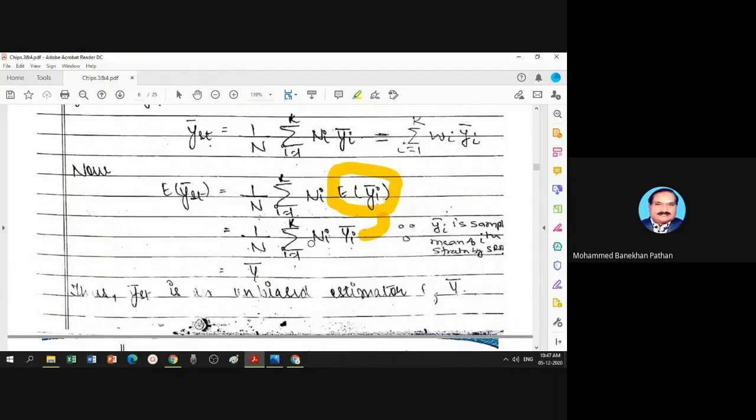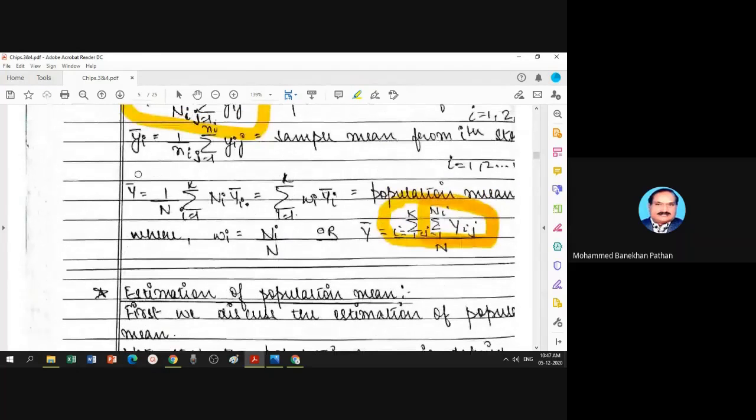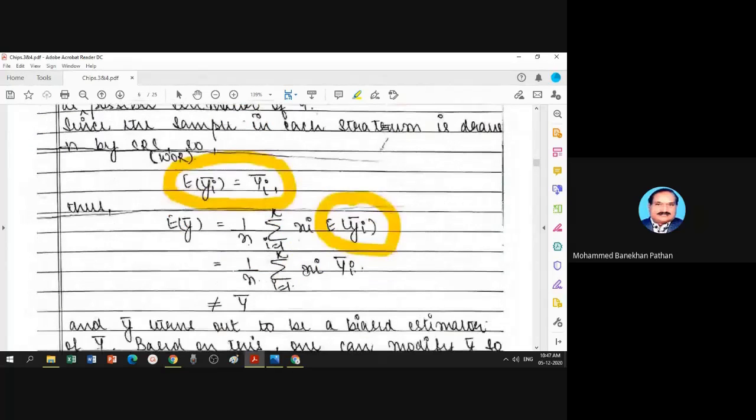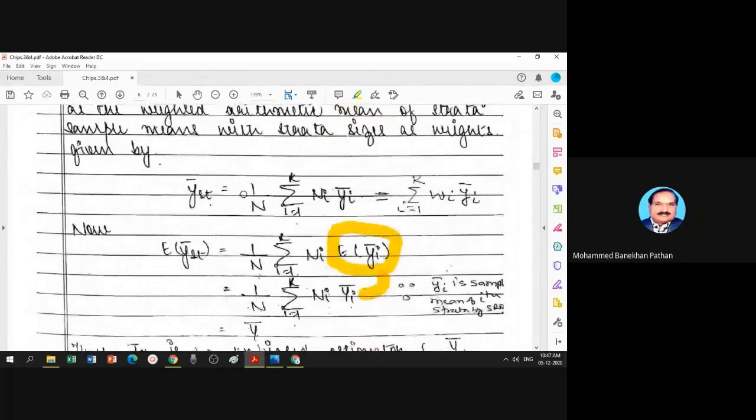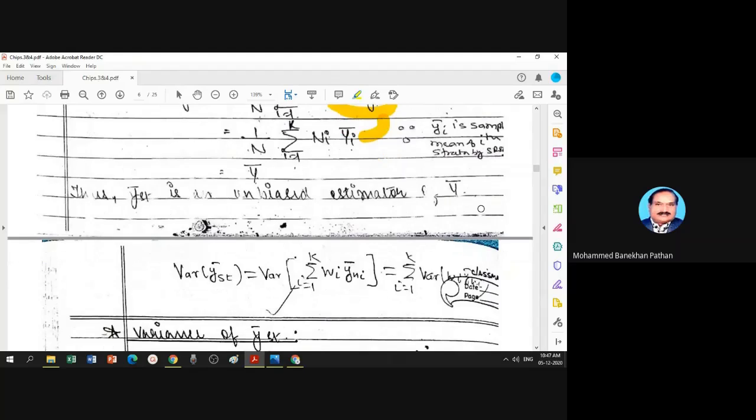Now summation Ni capital Y bar i divided by capital N is nothing but the formula of your capital Y bar. So Y bar st is treated as an unbiased estimate of the population mean under stratified random sampling. Thus, Y bar st is an unbiased estimator of the population mean under stratified random sampling.